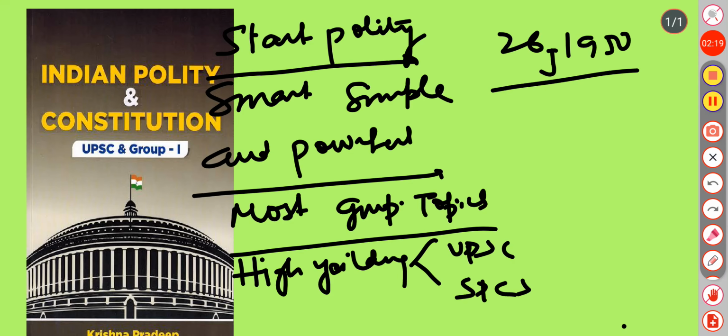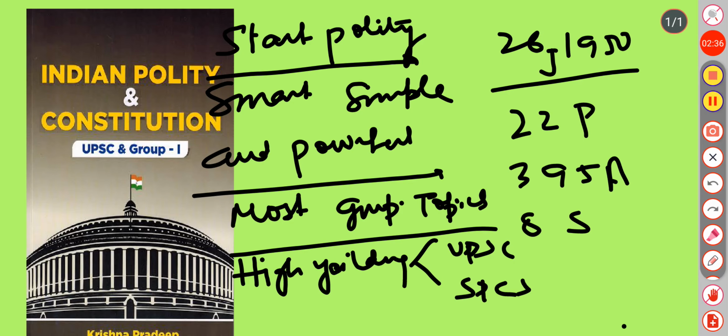The constitution as originally adopted had 22 parts, 395 articles, and 8 schedules, right? So these are the important things you have to remember.